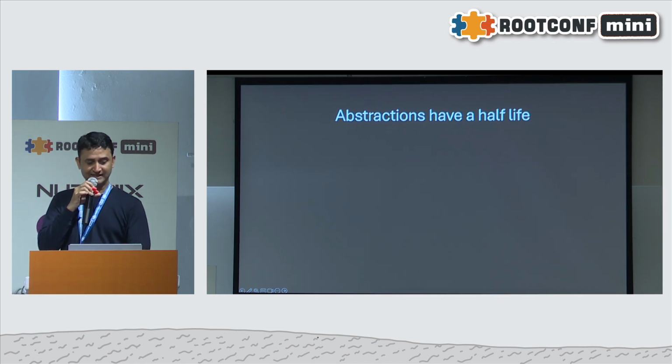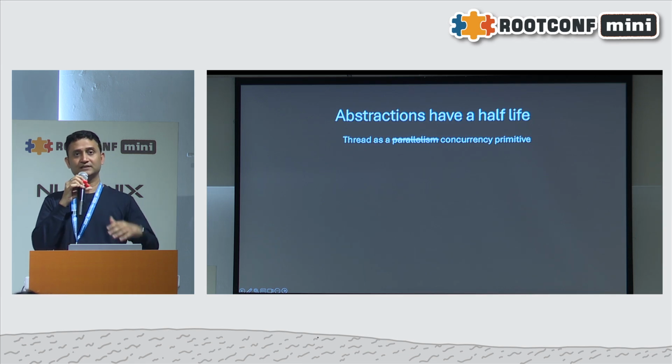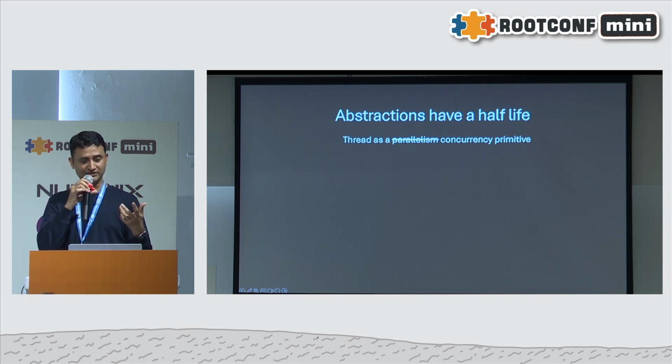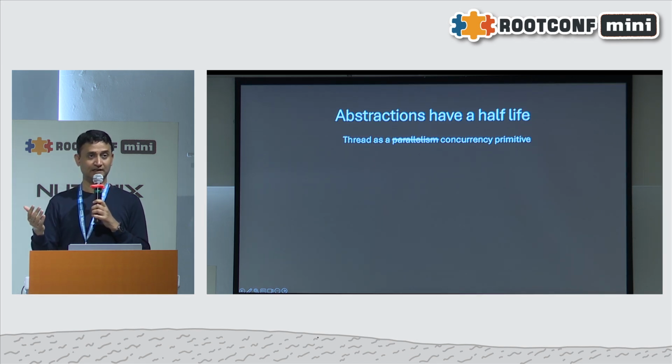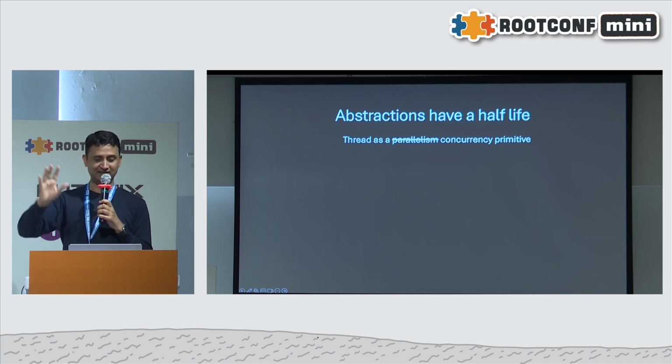For example, let's talk about threads. Threads as a primitive get used for parallelization, which naturally extended to talking about concurrency as well. Some of you might be familiar with the difference between concurrency and parallelization.